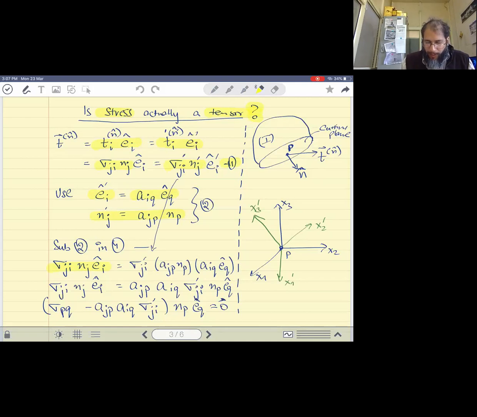So the right hand side becomes sigma Ji prime as it is, and Nj prime becomes AJP NP from number 2, and our Ei prime becomes AIQ EQ from number 2.